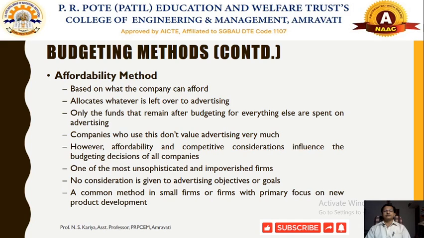Only the funds that remain after budgeting for everything else are spent on advertising. So whatever remains, those remaining funds will be allocated for the advertising budget. Companies who use this don't value research and advertising very much. Companies using this form of affordability method do not consider advertising a very good form of discipline.